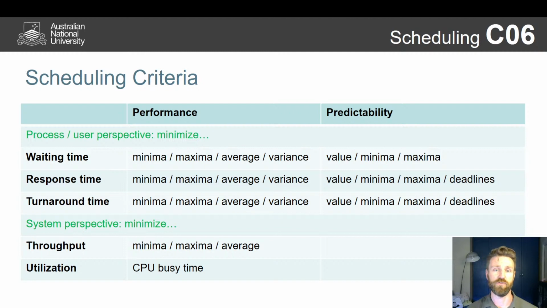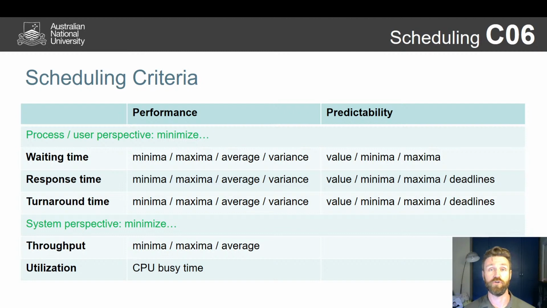So how long until it's first scheduled? And response time might be quite similar in how long until the process gains access to the CPU and has had enough time to compute and deliver some response to the user.